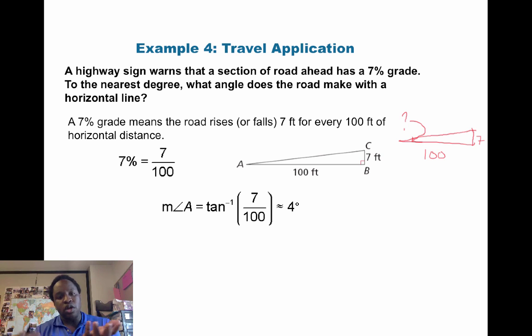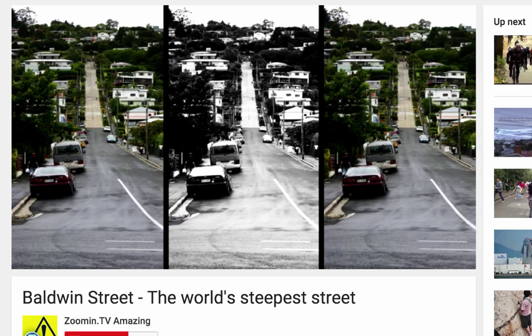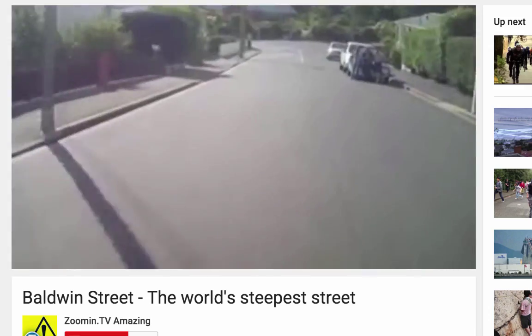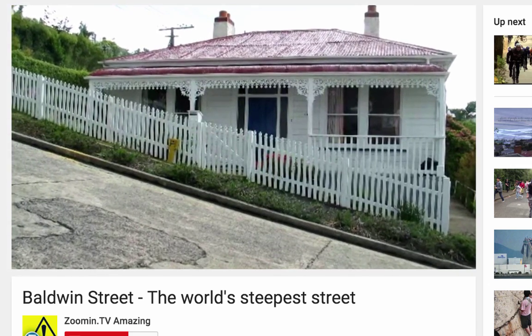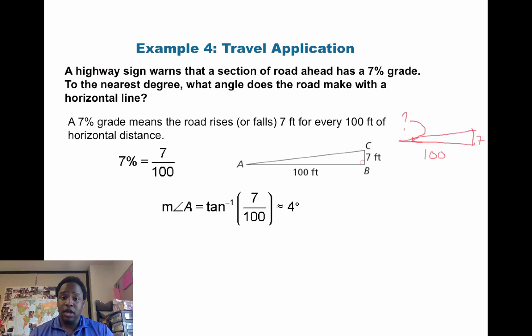The steepest road in the world had a 35% grade. The steepest drivable street in the world, with a gradient of 35%. So before you end this video, try to figure out what angle is the steepest road in the world.